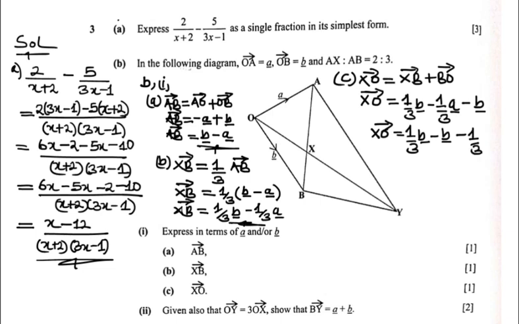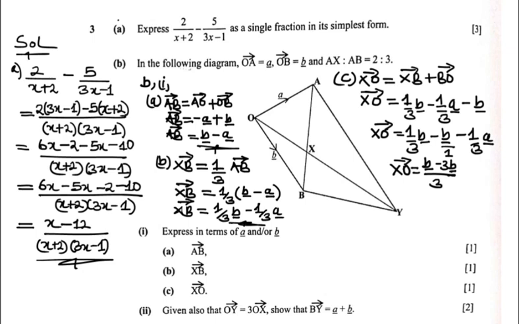XO vector is equal to 1 over 3 b vector minus b vector, then minus 1 over 3 a vector. On 1 over 3 b vector minus b vector, we can get the common denominator, which is 3, and 3 into 3 is 1 times 1 b vector, that gives b vector. Then on b vector, we can introduce over 1 there, and 1 into 3 is 3 times negative b vector, that gives a negative 3b vector.